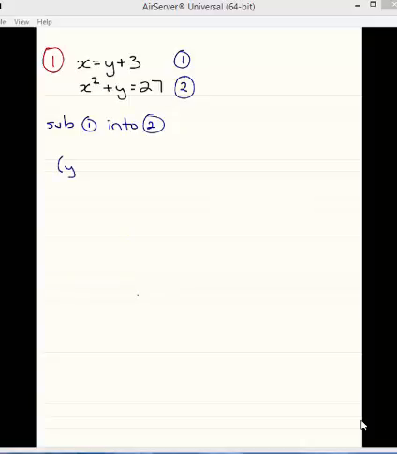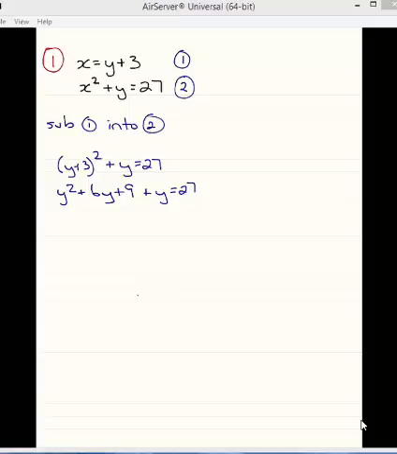So what we're going to do is get y plus 3 all squared plus y is equal to 27. Expand it out, y squared plus 6y plus 9. We've still got the plus y equals 27.